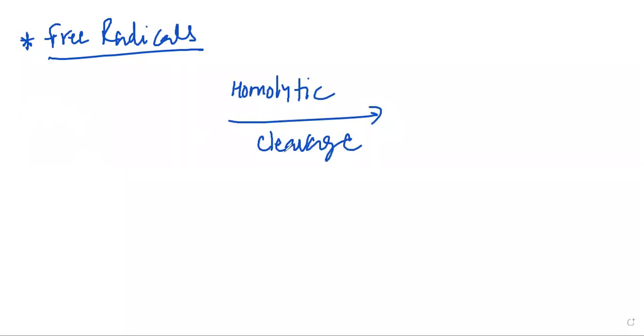So whenever we have the homolytic cleavage, we know that if we have C, R, R1, R2, and then if we have Y, because we have used X last, the two electrons will go to both the atoms, C and Y, and each atom will get one electron.